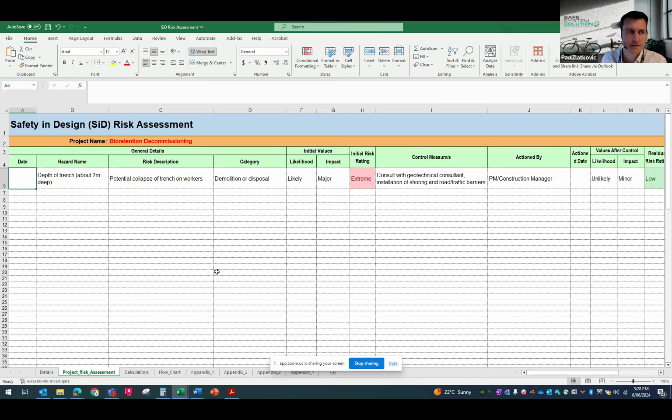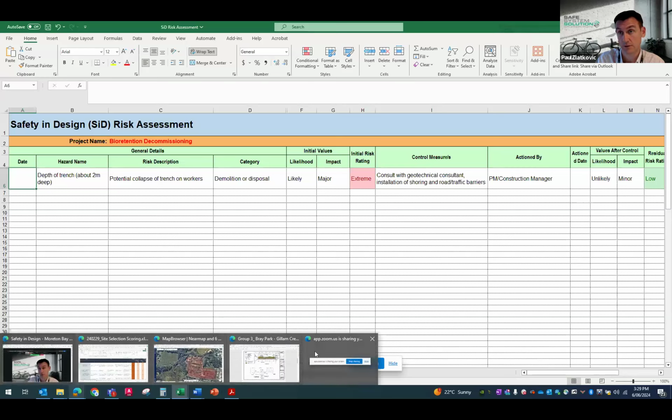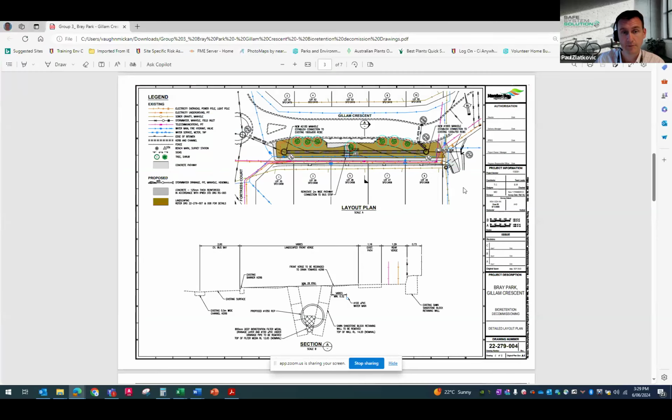Yeah, it's a slightly different project, and one that takes a little while to get your head around. Some of the other groups identified that, because you had those pedestrian paths and the road on one side of that detention basin, there could be an exposure from the construction work to adjacent path users.